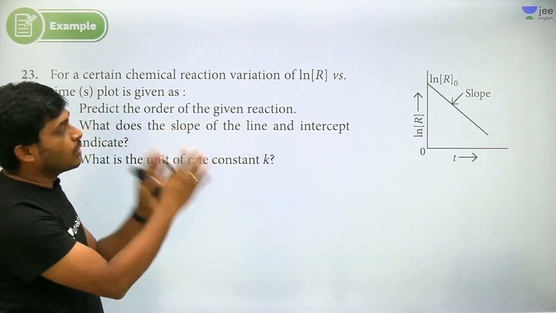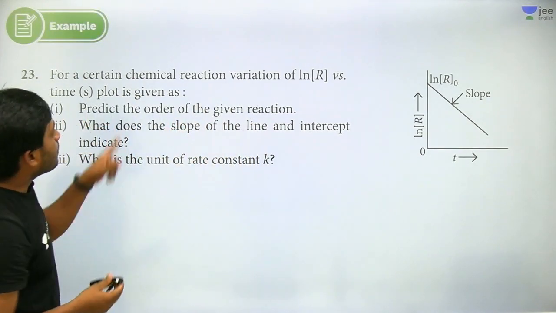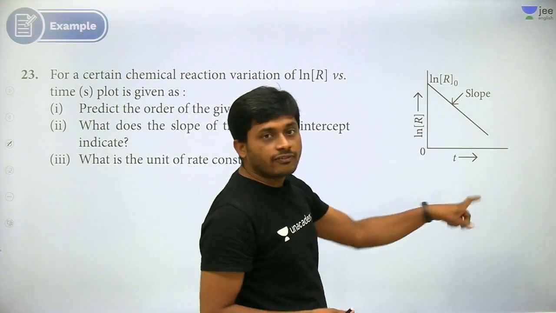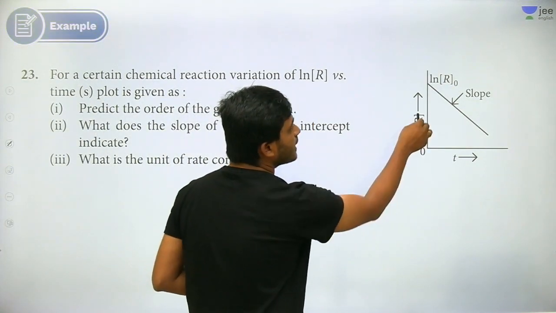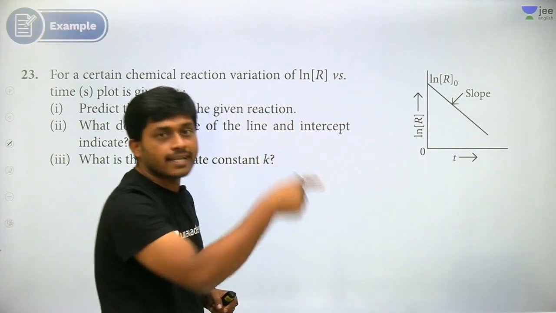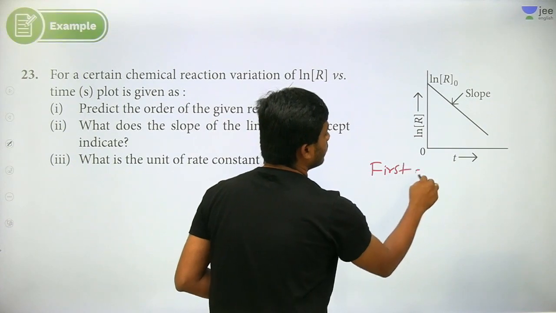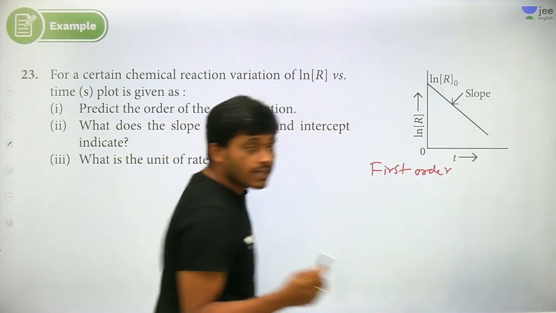What is the slope and predict the order. By simply looking at the graph, logarithm of concentration versus t is linear. It is a first order reaction.